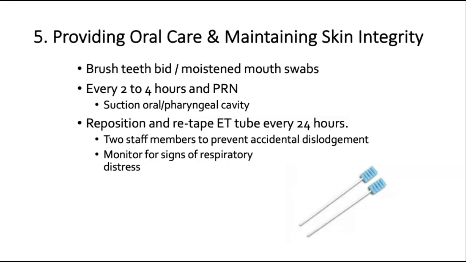It typically goes from one side of the mouth to the other side to make sure that you don't have necrosis happening on the inner parts of the lips. This is a 2 staff member procedure because one needs to hold the tube while the other repositions and tapes. While you're doing this, you monitor the patient for signs of respiratory distress throughout the procedure, just to ensure you haven't moved the tube out of correct position.